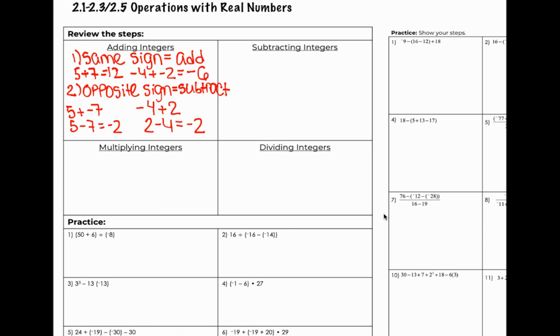Subtracting integers. So you need to change the subtraction to addition. Okay, so a couple examples of that.